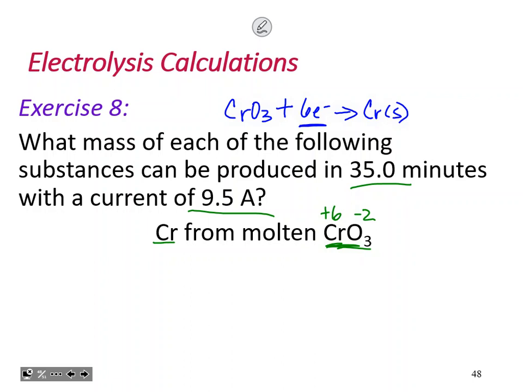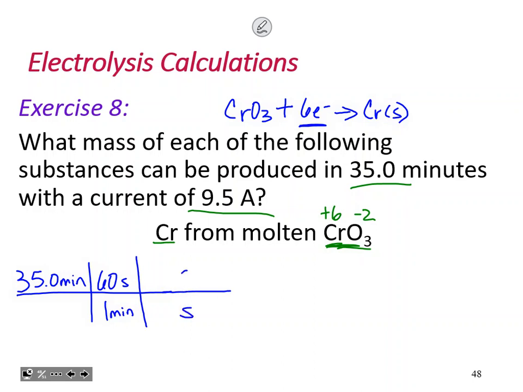So now we still start with our time. But in this case, I'm just going to do 1 minute equals 60 seconds and go from there. Then we have seconds to coulombs, and for our amps, remember, that's going to be our 9.5 coulombs per 1 second.